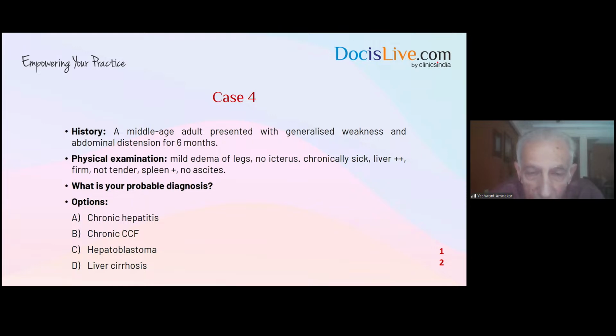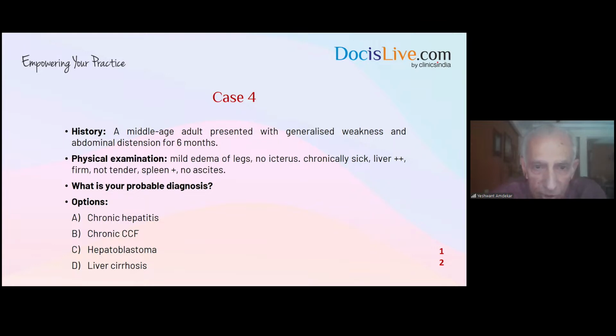Please make a note that I have clearly mentioned there is no icterus. Hepatitis, especially chronic hepatitis, has an icterus. So that is out. Okay. Though chronic CCF or hepatoblastoma or a liver cirrhosis will not have icterus. So the first is out.